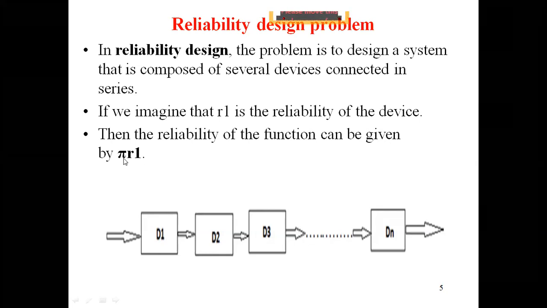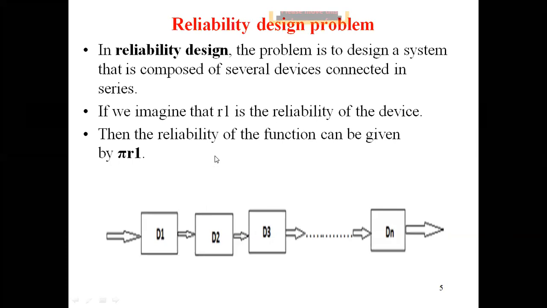When you consider all the devices, each one's reliability, you multiply them. That is the pi function. Pi is the product of the reliabilities of all the devices. That is called pi Ri, where Ri is for a single device.